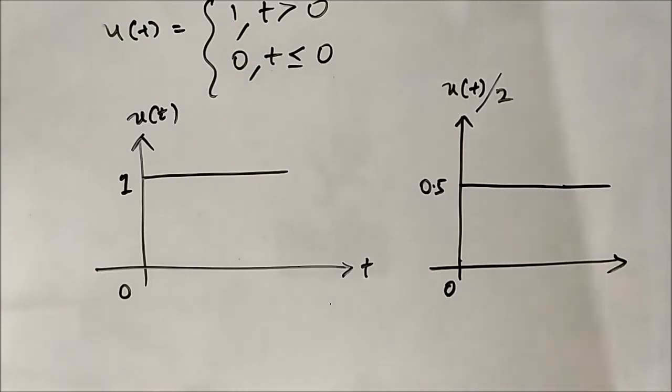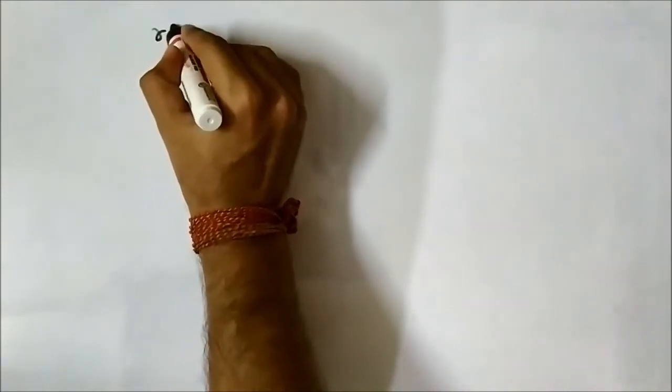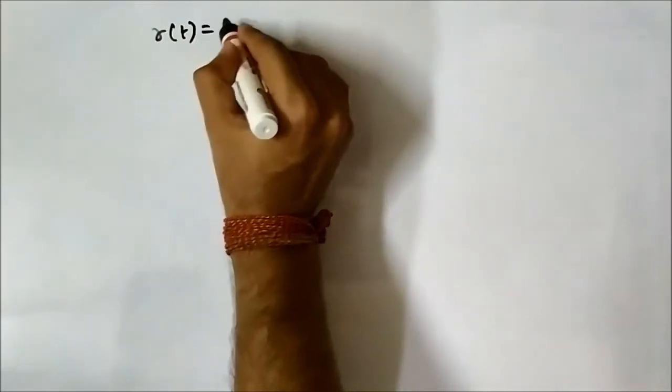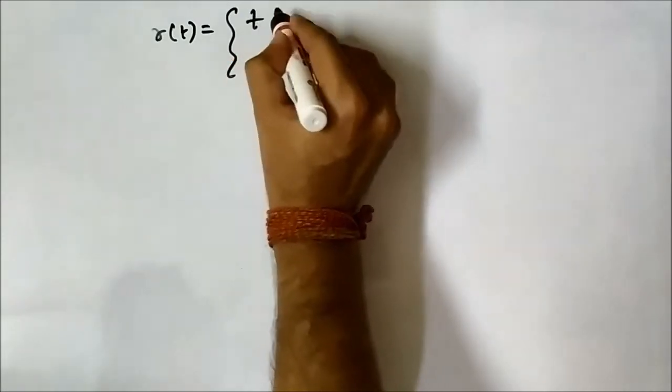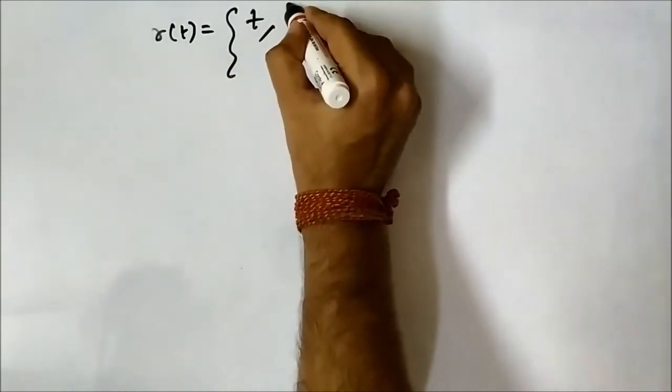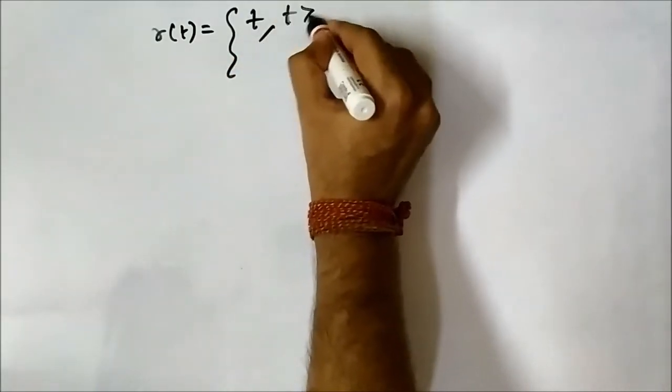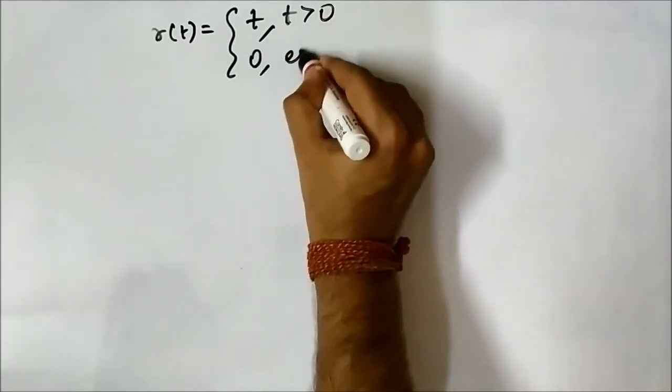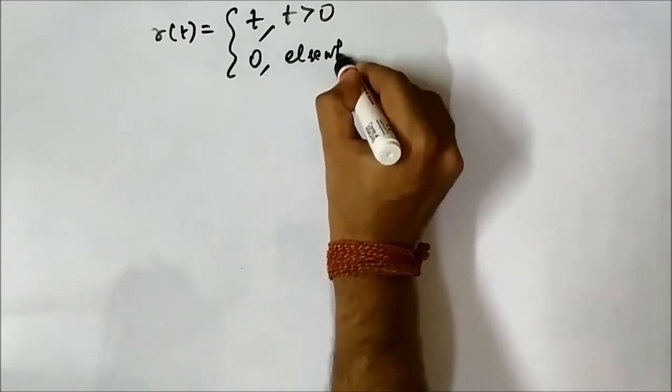Now let us do the same on ramp signal and see how this happens. So now let us perform amplitude scaling on ramp signal. The ramp signal is represented as r(t) equal to t for t greater than 0, and it is 0 everywhere else.